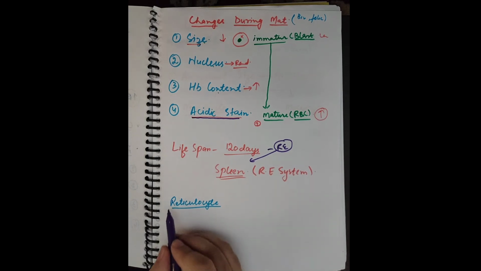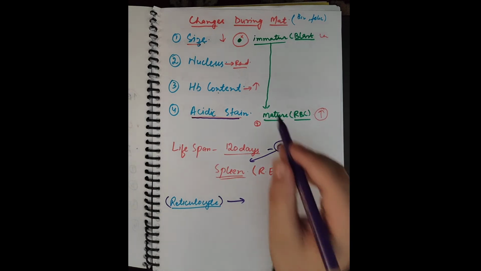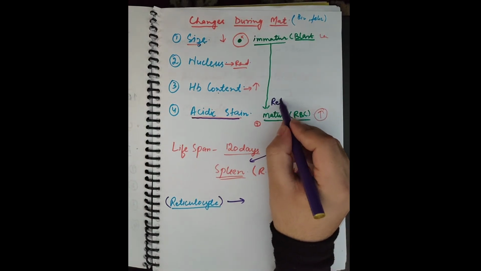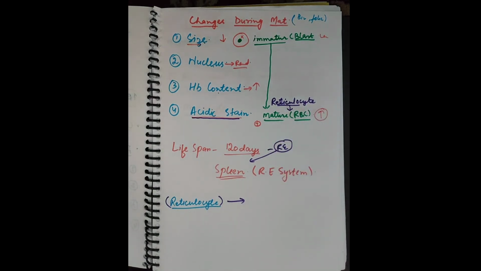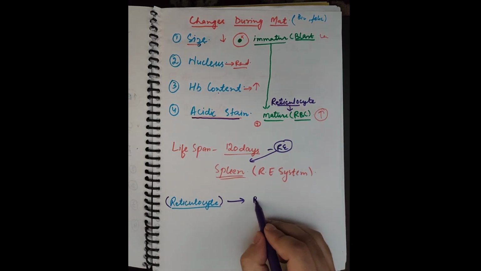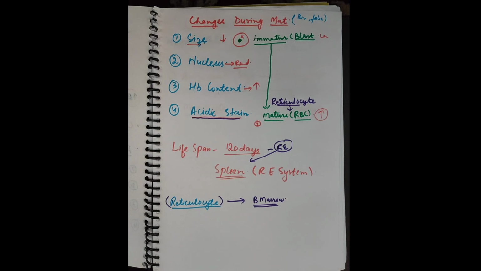We have a very important cell that is known as reticulocyte. I already told you regarding this. The last immature cell is known as reticulocyte. After reticulocyte, I will have the mature RBC. So the importance of knowing this reticulocyte is, if we want to know the functioning of bone marrow, we will calculate these reticulocytes.